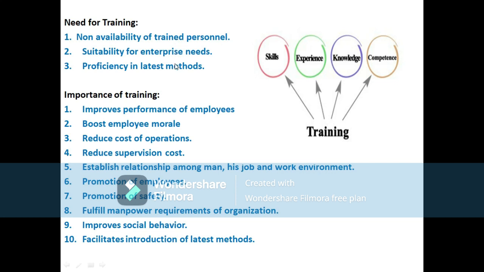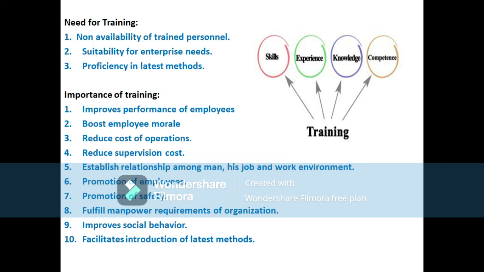Non-availability of trained personnel: what does it mean? It is difficult to find properly trained workers for various categories of jobs in an enterprise or organization. In such times, it becomes necessary to select workers with little or no training for the kind of work they will handle.